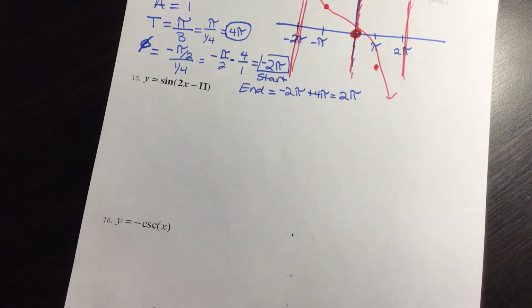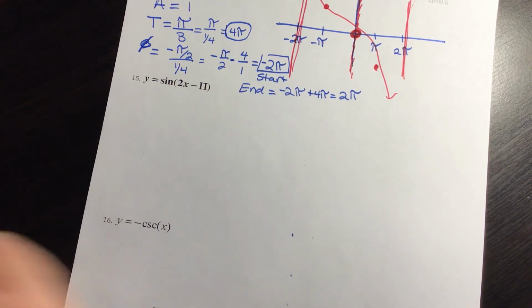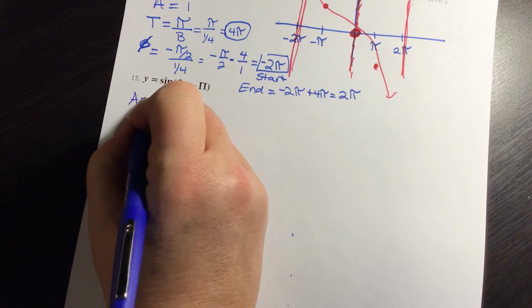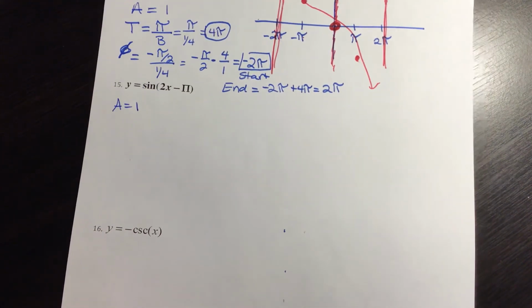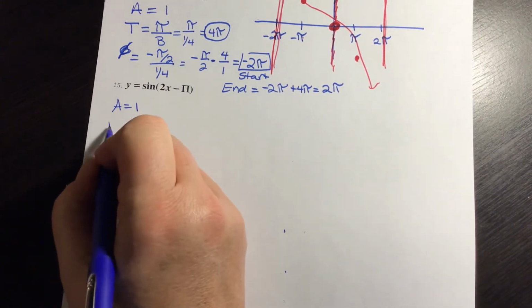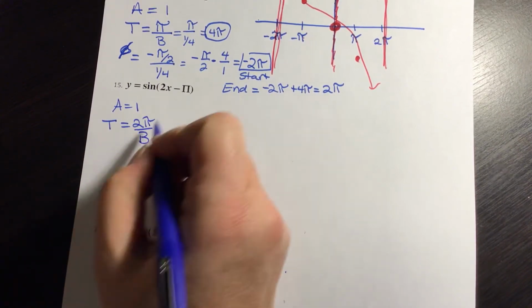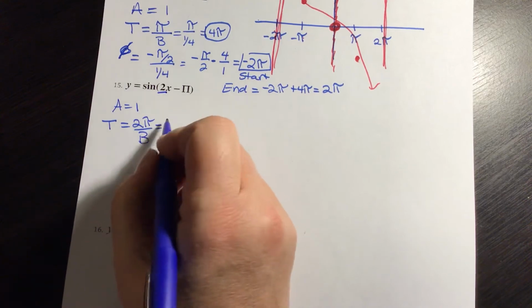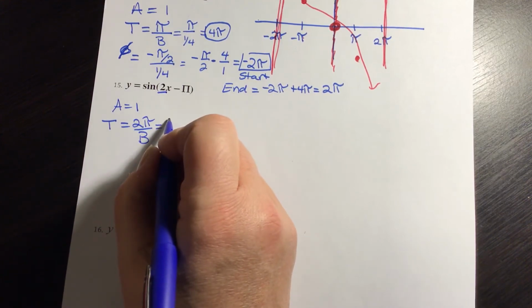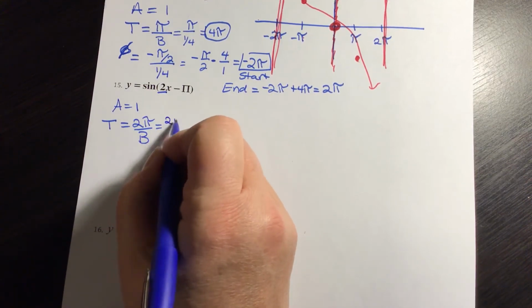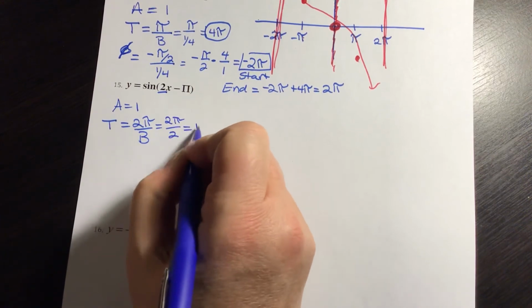Number 15, sine of 2x minus pi. So my amplitude is 1, and my period is going to be 2 pi over b, and my b is 2. So 2 pi over 2 is pi.